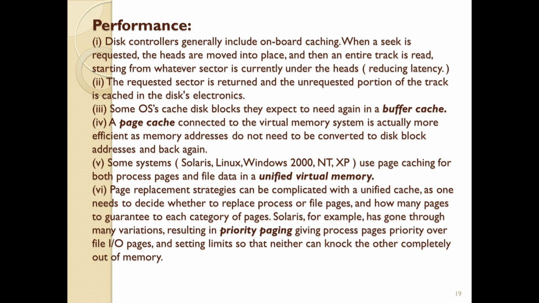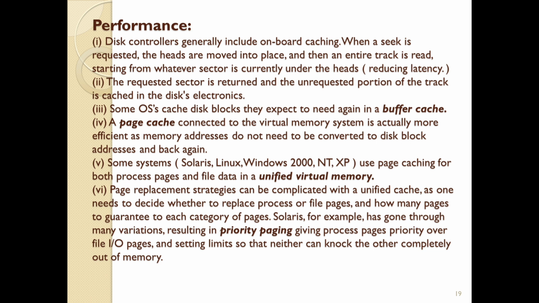A page cache connected to the virtual memory system is actually more efficient, as memory addresses do not need to be converted to disk block addresses and back again. Some systems, for example Solaris, Linux, Windows 2000, NT, and XP, use page caching for both process pages and file data in a unified virtual memory.